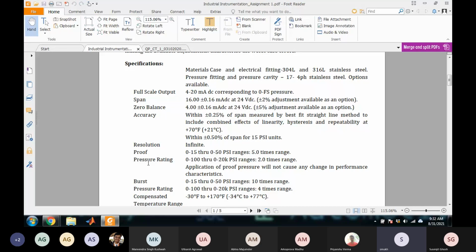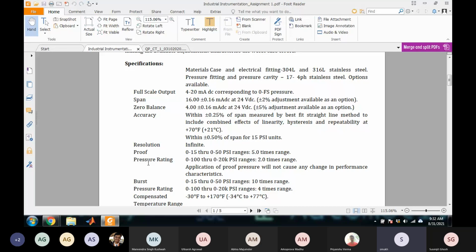Now suppose you have purchased that sensor with adjustment. Then we can assume safely that it is the nominal span and zero can be calibrated. So it will be exactly 4 and it will be exactly 20 at 24 volt DC.